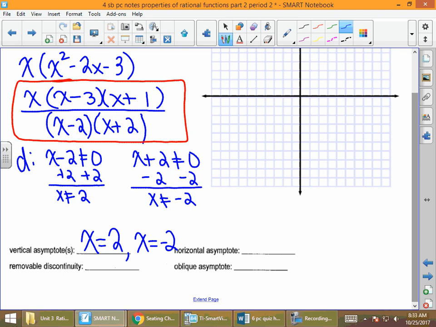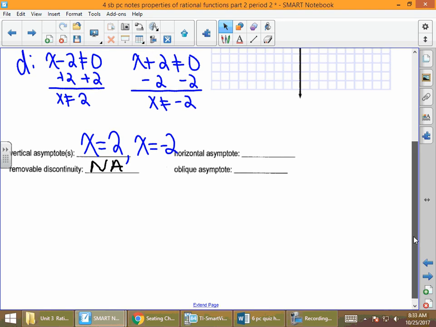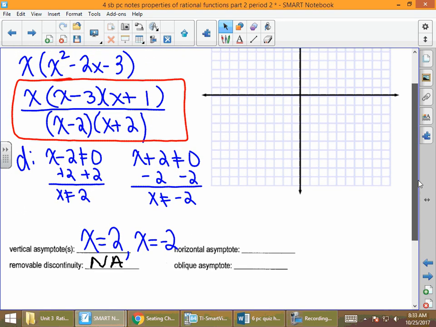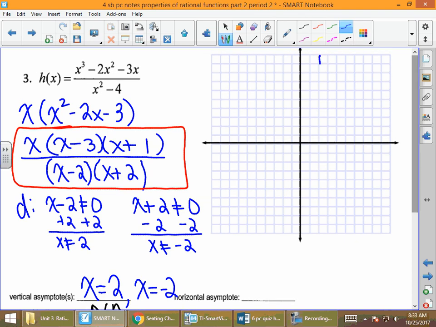Because we didn't cancel anything out, we do not have any removable discontinuity. Let's go ahead and graph our vertical asymptotes right now at x equals 2 and x equals negative 2. There's one, and here's the other.